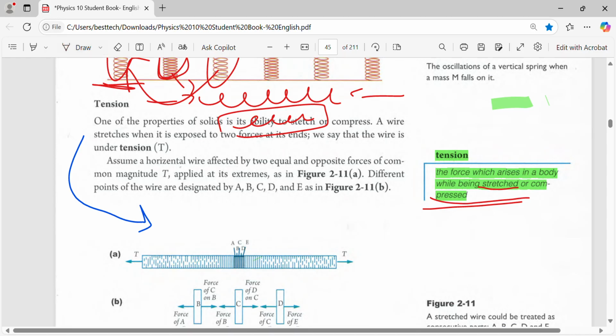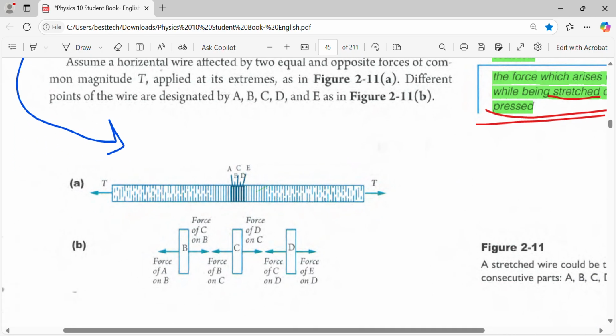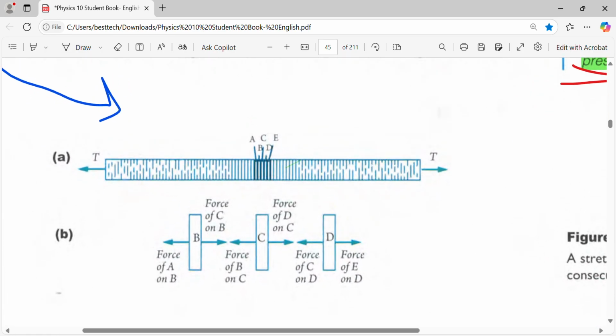How? Look, we have this example. It's a spring. Now I would like to apply force on the spring. We can apply force on this spring in two ways. The first one is called stretching. The stretching direction is like that. One T force is from the right and the other is from the left. Just look at this picture.